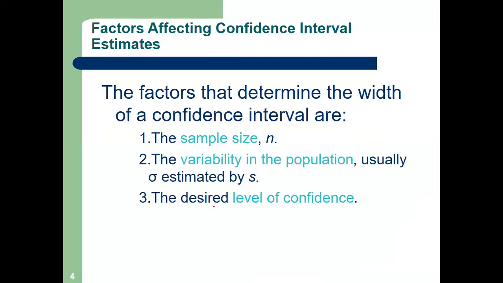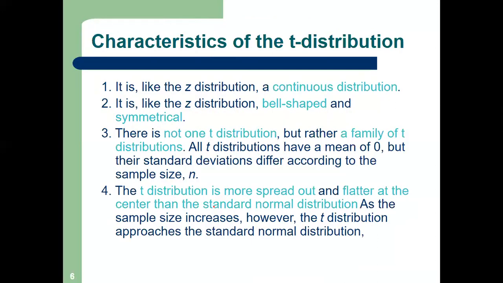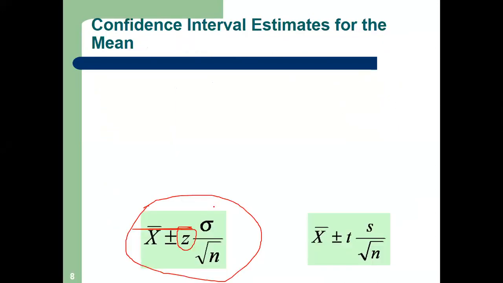Number 1, sample size. See how sample size is related to width. Sample size is inversely related. Can you see this, Nimish? If I increase the sample size, what will happen, Nimish? Will my width decrease or increase?